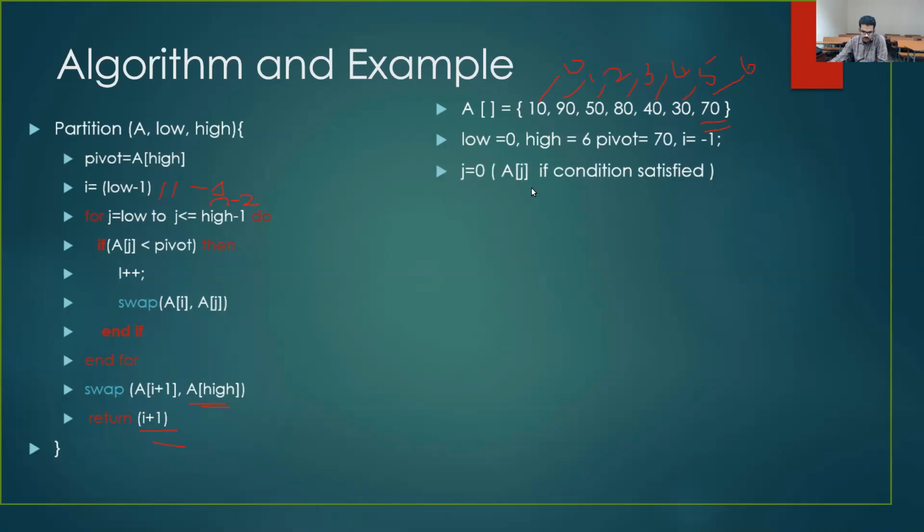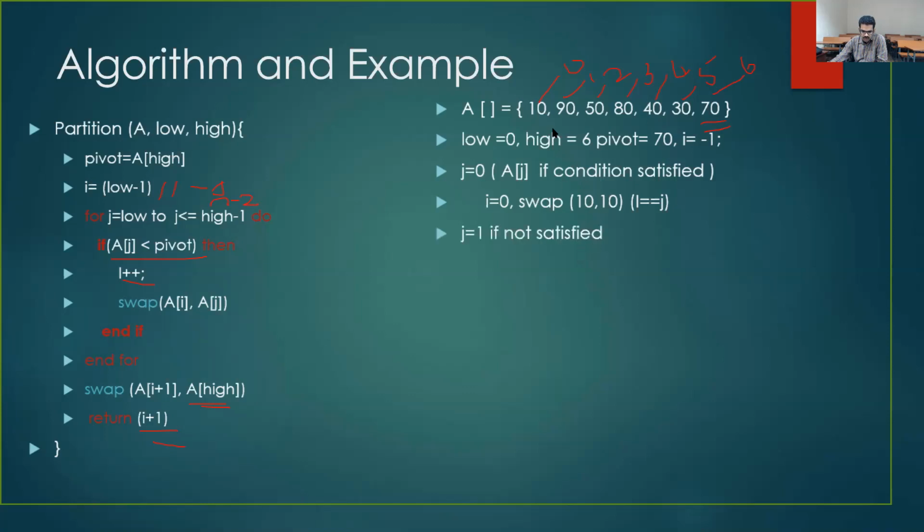When j equals 0, A of j is 10, which is less than 70, so the if condition is satisfied. Then you increment I and it becomes 0, from minus 1. Then it will be a swap of A0 with A0, that is 10 with 10. Nothing will change, so all the array elements will be in the same order.